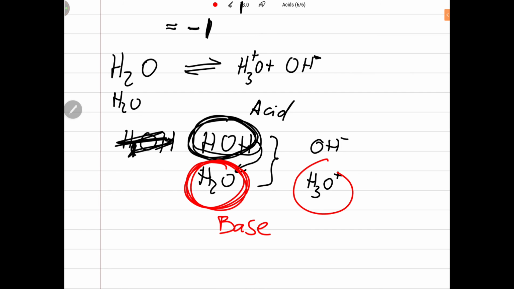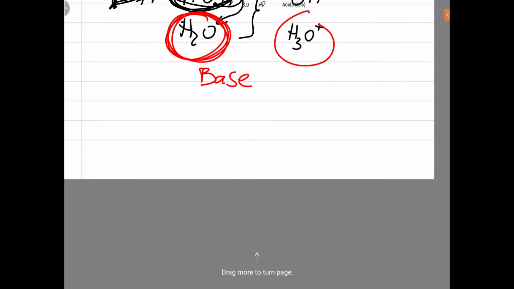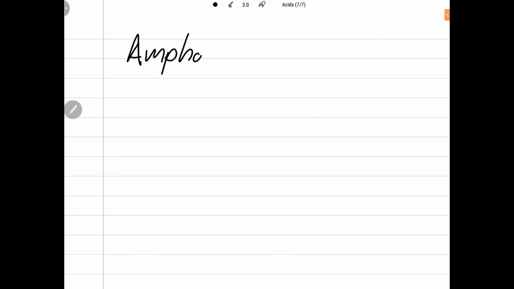Hey, wait a moment. Whoa. You just told me that it is an acid, and now you say it's a base. Can you please make up your mind? What is it, base or acid? It's both. If a substance is both, it's called amphoteric.